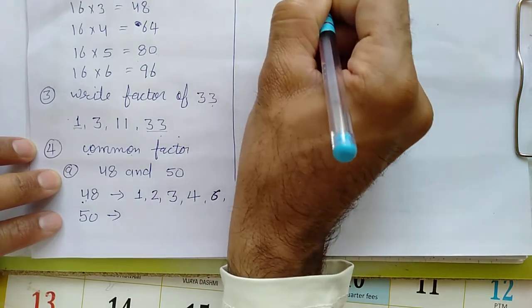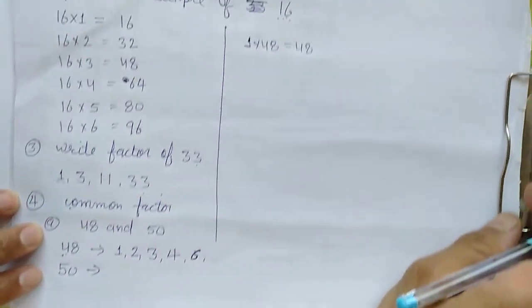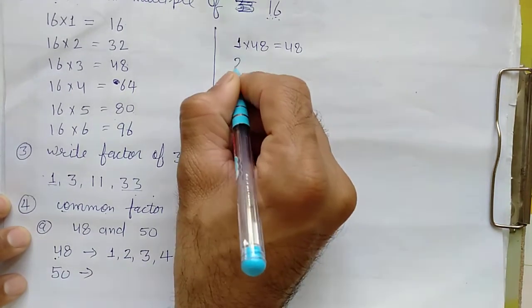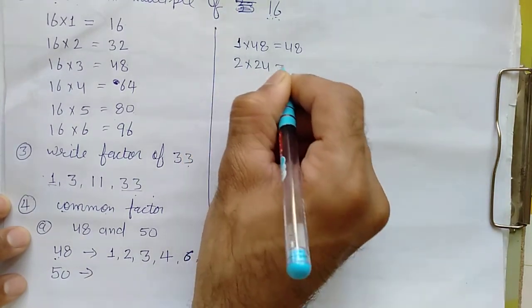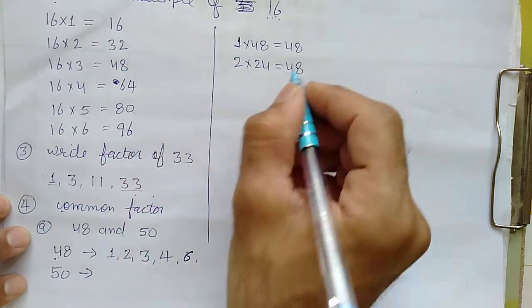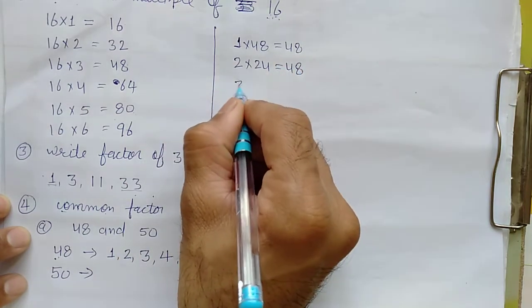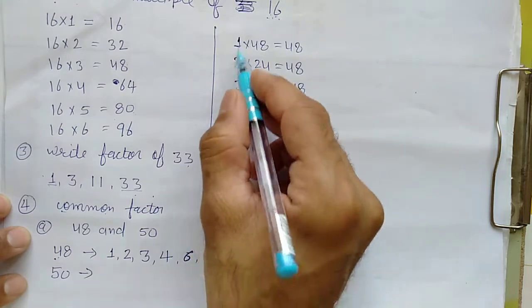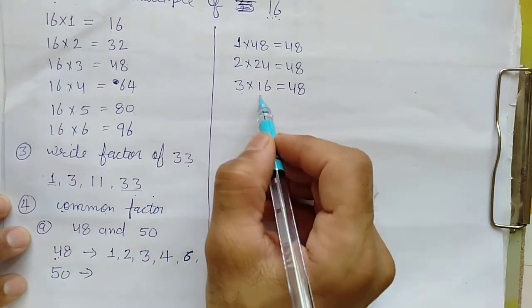Second, 2 multiplied by 24 is equal to 48. Next, 3 multiplied by 16 also equals 48. One by one I am taking all factors.